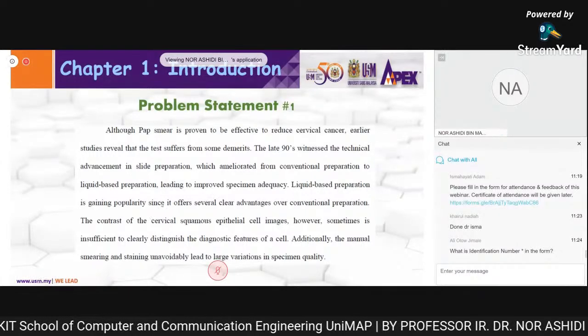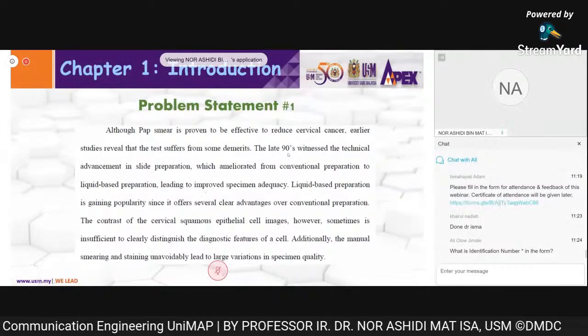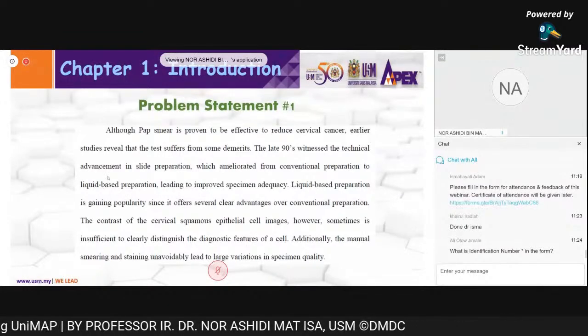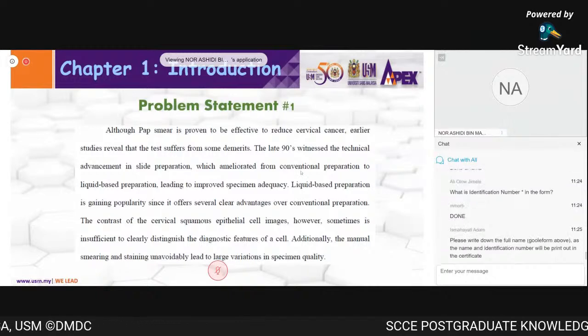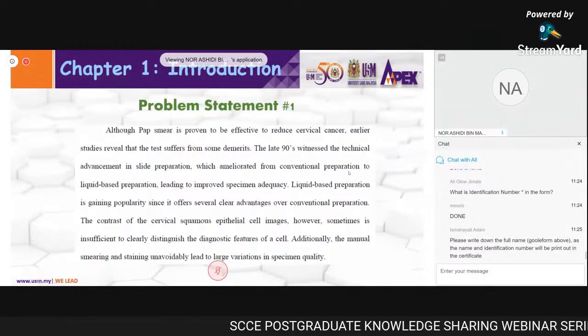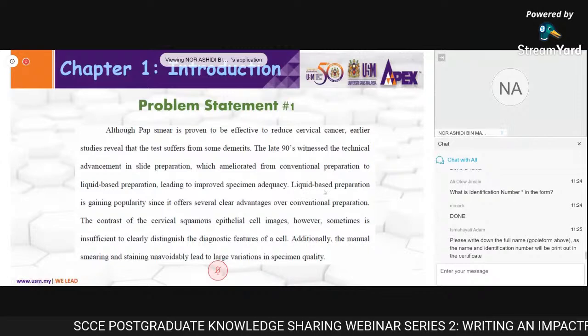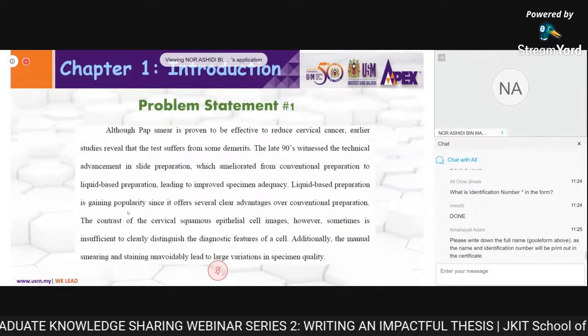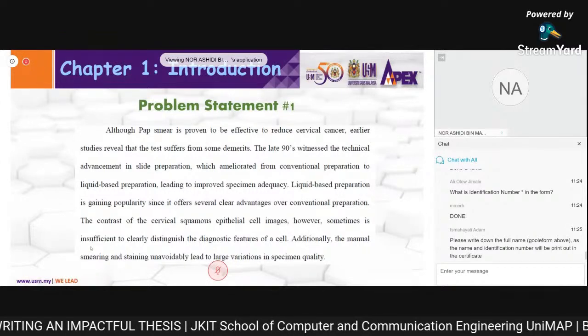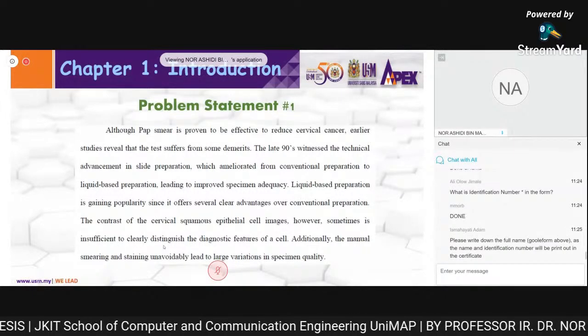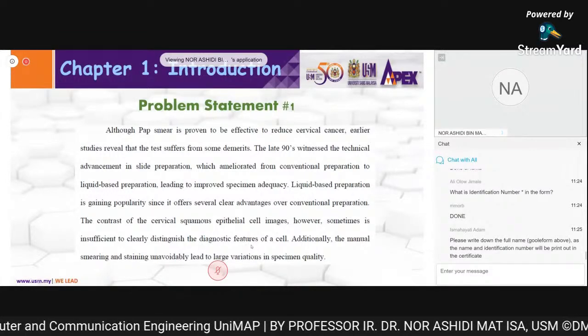Now, in the late 90s, we had a technical environment in slide preparation which overcame the conventional preparation. But this liquid-based one, although popular, also has a problem: it is insufficient to clearly distinguish the diagnostic features.